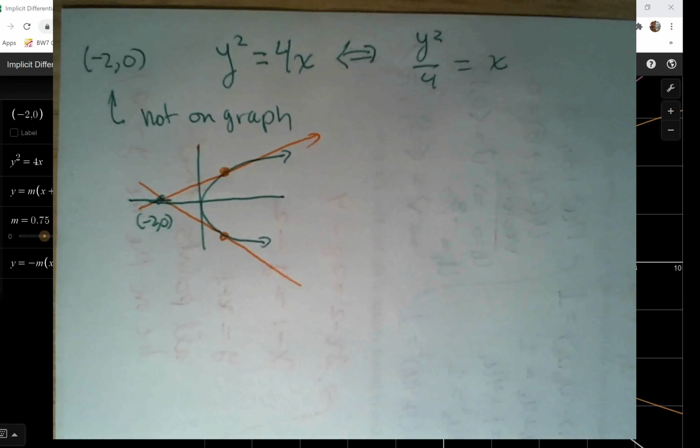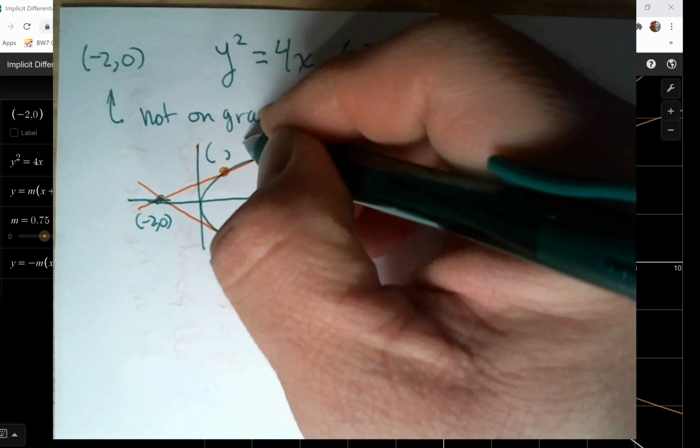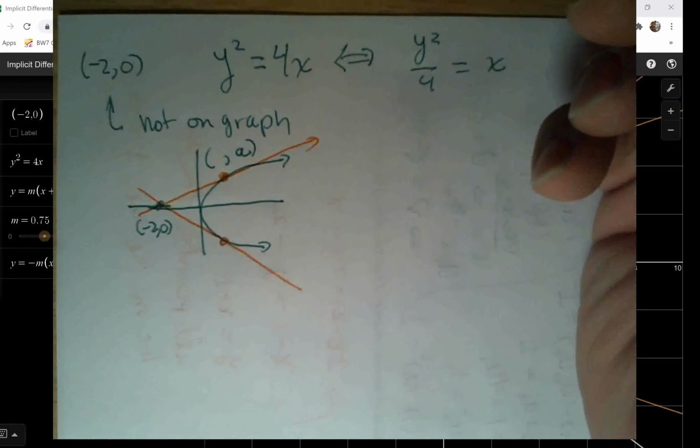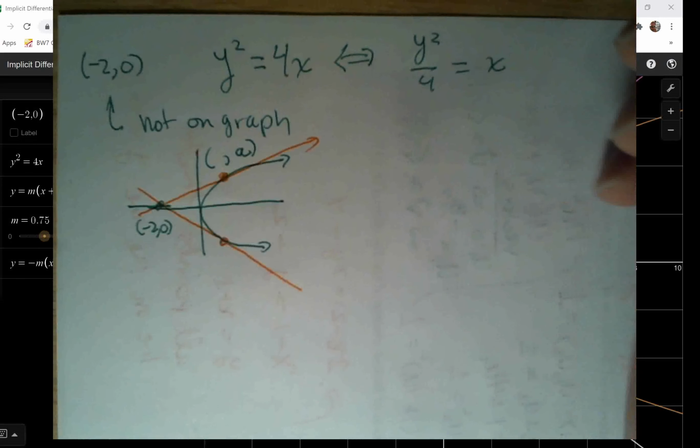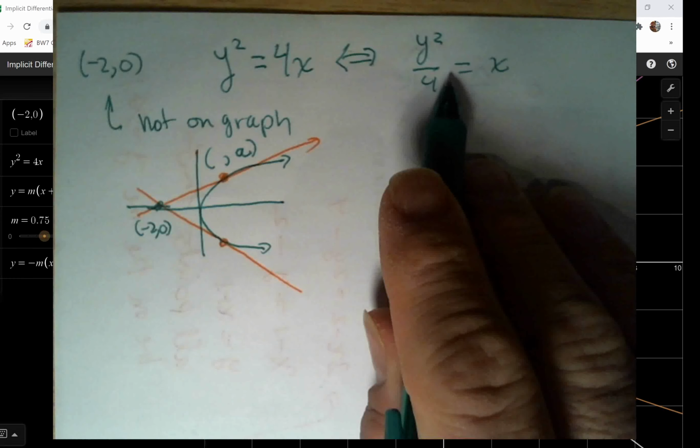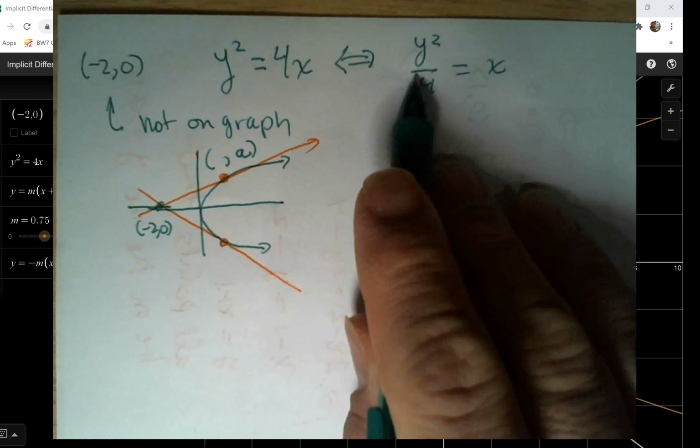All right, so the point here is unknown. Let's say I call y to be some value a, right? So if y is a, then x from my equation here has to be a squared over 4.